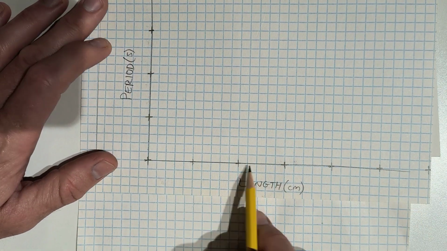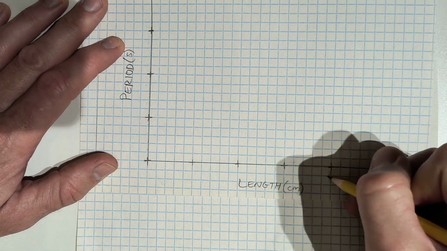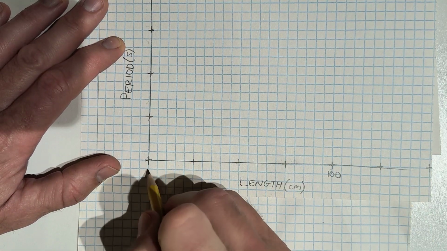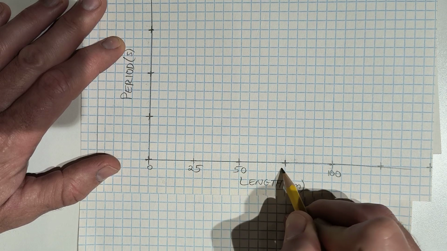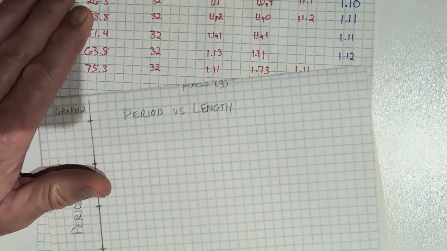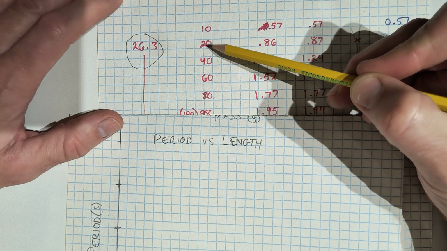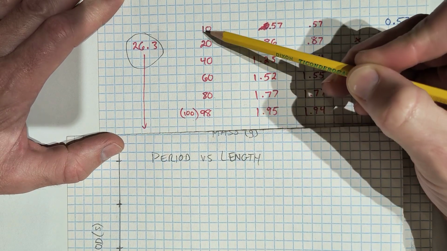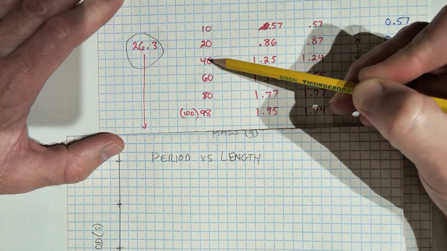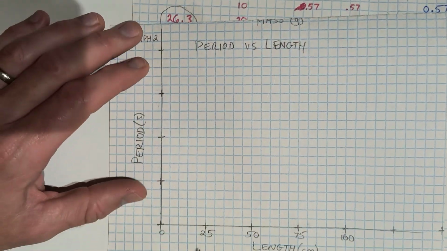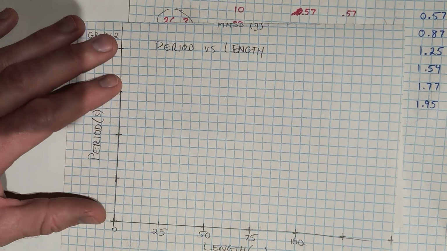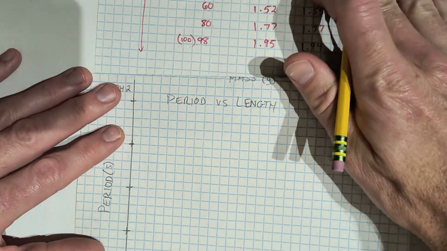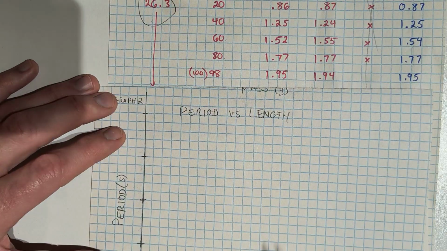If I say 25, 50, 75, 100 all the way out here, and I'll go 0, 25, 50, 75. Another thing you could do is you could go by 20s if you want, because your changes were 20, 40, 60, 80, and 100. You could go by 20, 40, 60, 80, and 100 like that. And then you would be able to stay right on the lines. I probably should have done that, but that's okay.